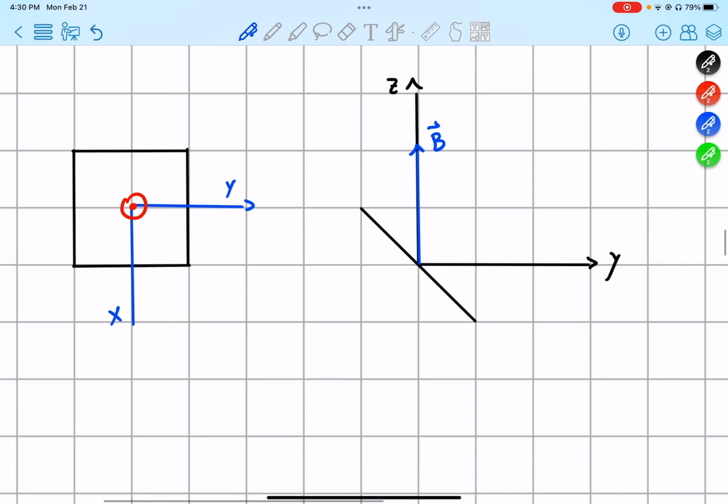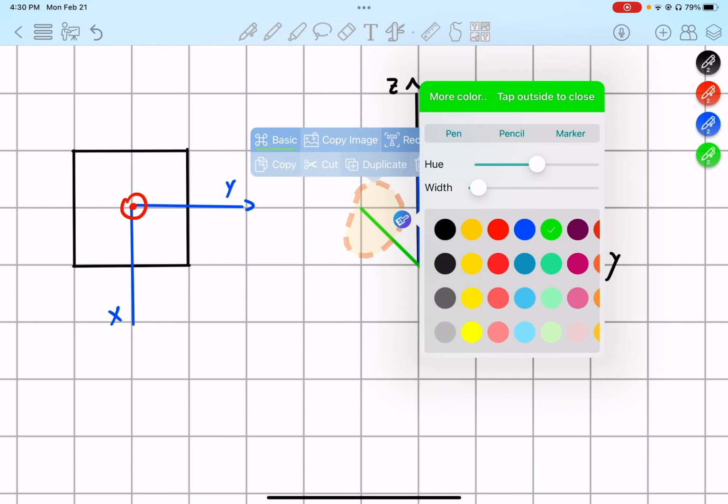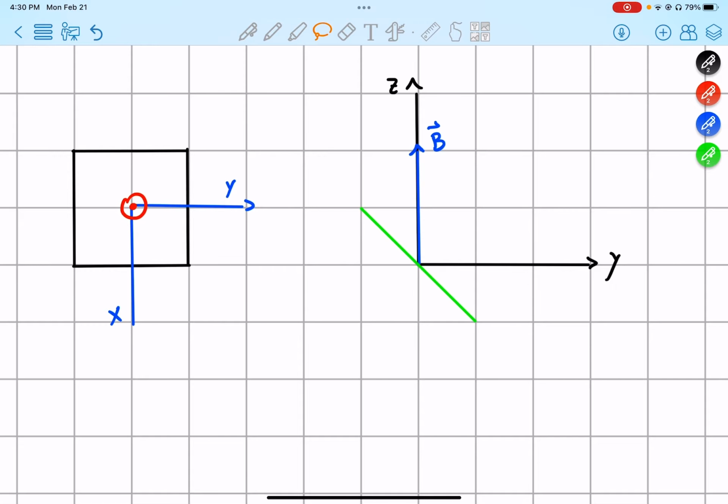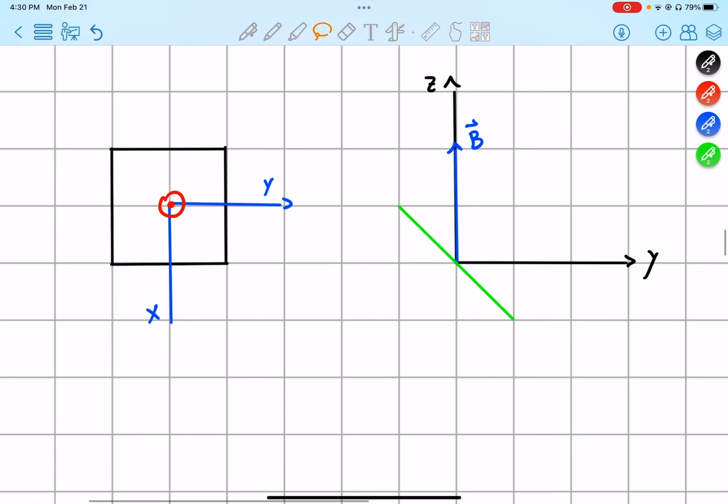and we have our, actually I'm going to draw with a different color so it's a little easier to see, green. We have our plane with current that is flowing in an anti-clockwise direction.